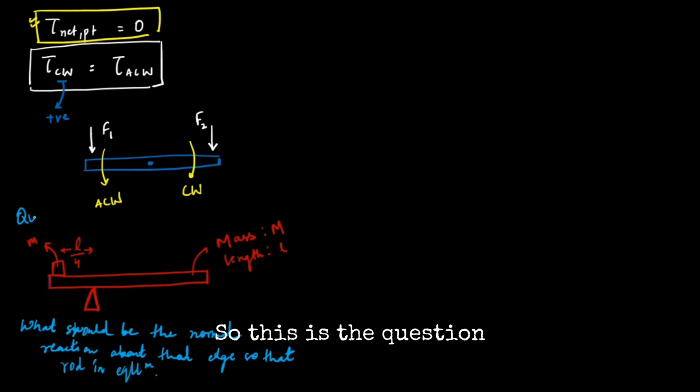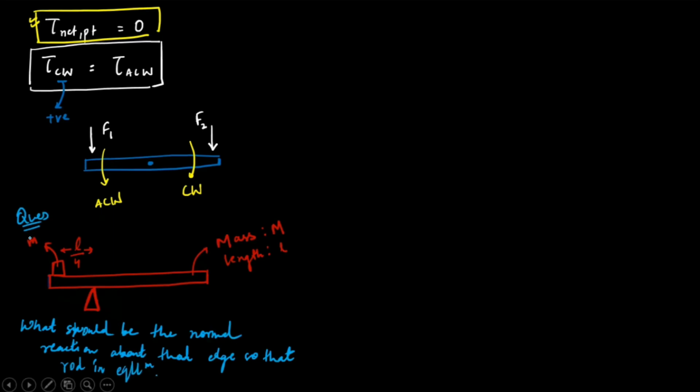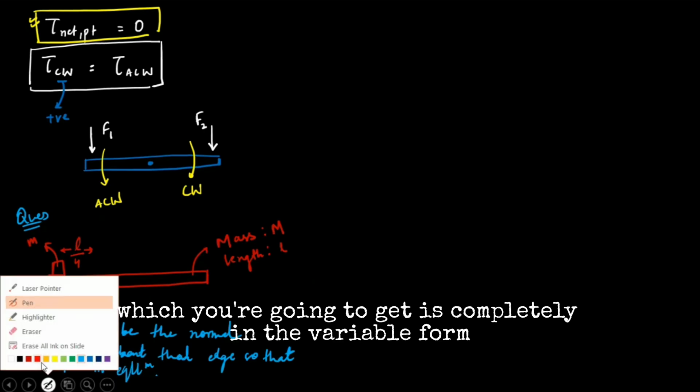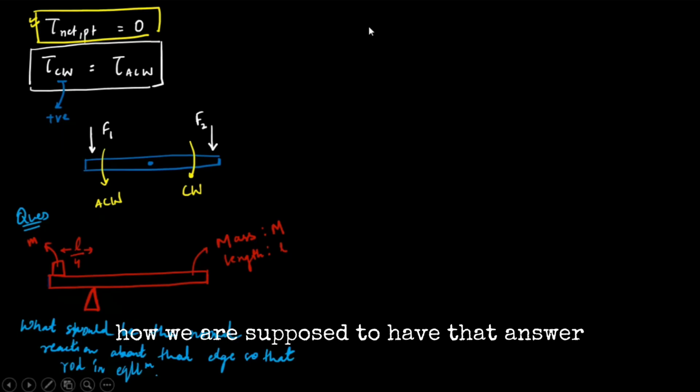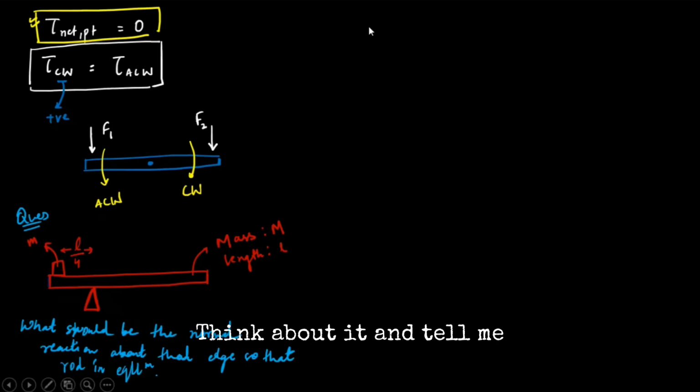So this is the question. Now the answer which you're going to get is completely in the variable form. It doesn't matter in which form it is. What matters is how we are supposed to have that answer. Think about it and tell me.